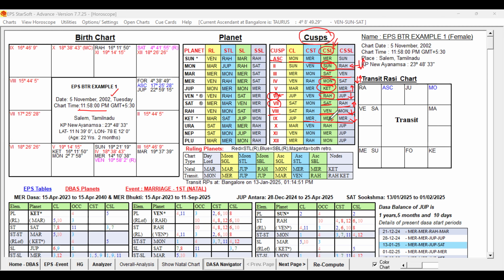Then the last subdivision of Saturn star is Jupiter, then the last subdivision of Jupiter is Rahu. So the ninth star lord will become Saturn, sublord will become Jupiter, and sub-sublord will become Rahu. So there will be some good impact on the ninth cusp when you reduce the birth time by 1 or 2 minutes. This we have to keep in mind.